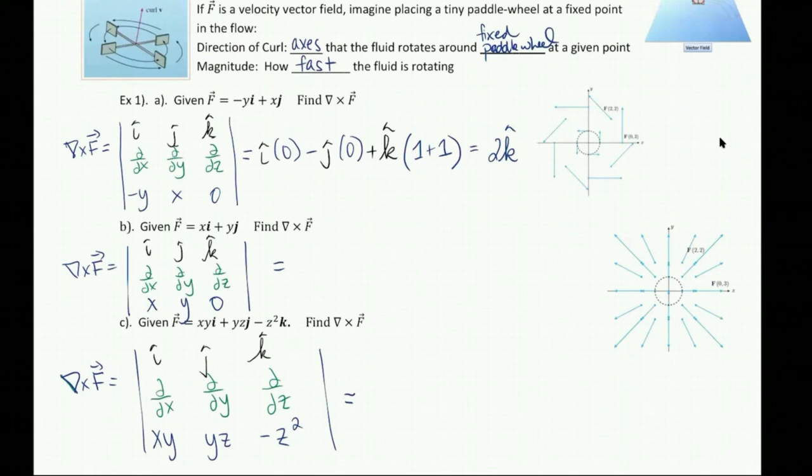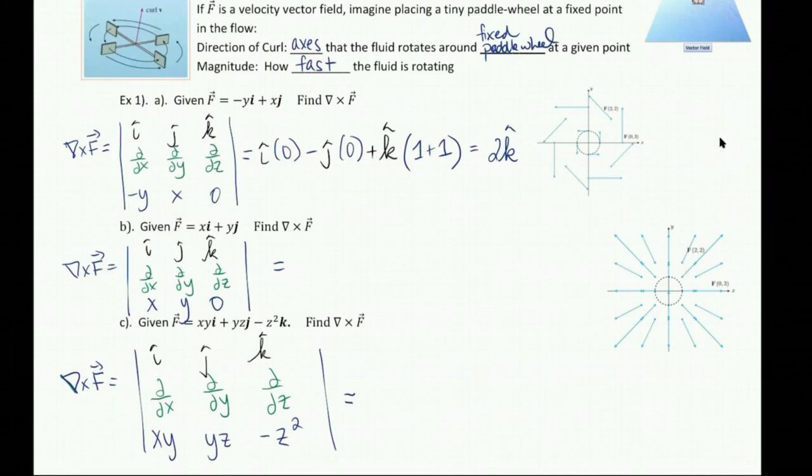We can contrast that with what happens to this vector field here, which is this one that points radially outward. And notice if I were to put a paddle wheel down at any point here, the way the vectors are hitting my paddle wheel, I'm going to get an exact equal force on either side, an exact equal push of the water at any given point. So I don't end up with any rotation.